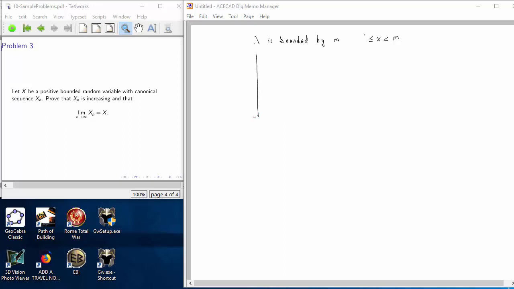So that means I can break up the set of values into 0 to 1, 1 to 2, k to k plus 1, and everything is bounded by the integer m. And now I can take a close-up view of this.